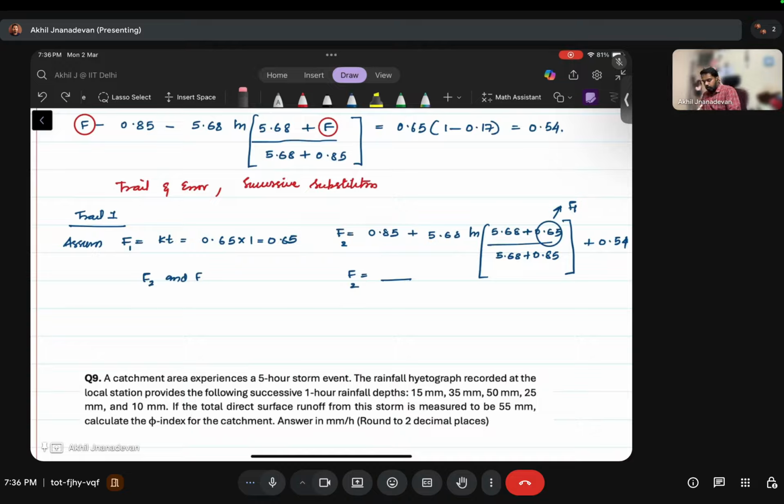So if F2 and F1 are not equal, F2 not equal to F1, we'll make our third guess.